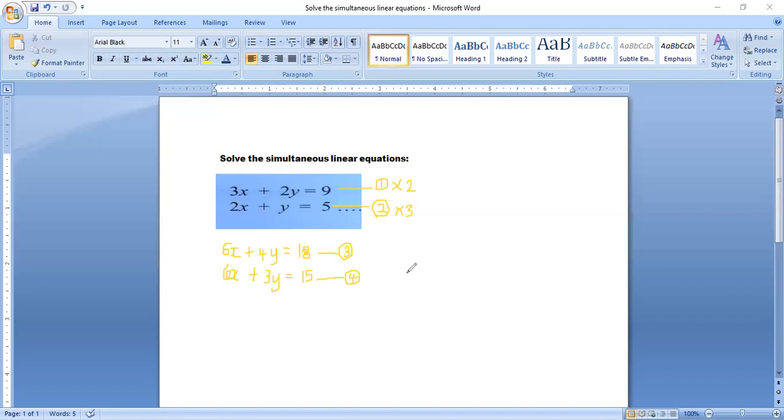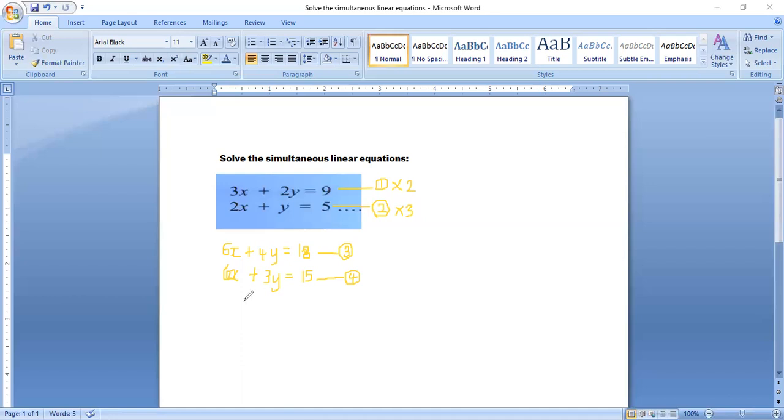Guys, when they're of the same signs, what we do is subtract. If we were eliminating and we have one positive and the other being negative, and they are of two different signs, then you would add. But back to this question, they're both positive 6x's. So we're going to be subtracting.